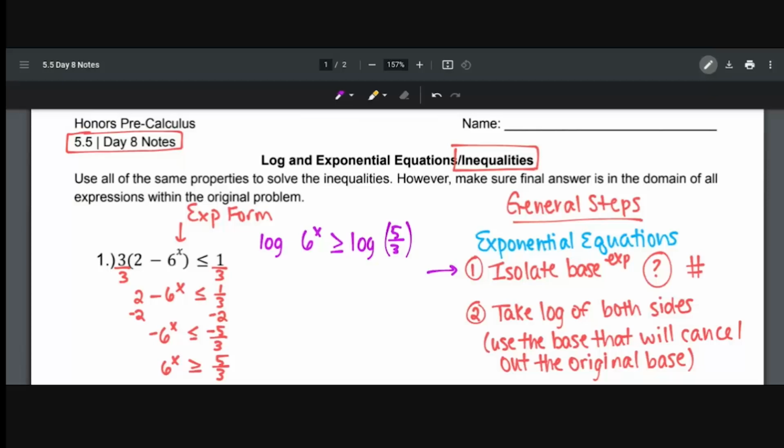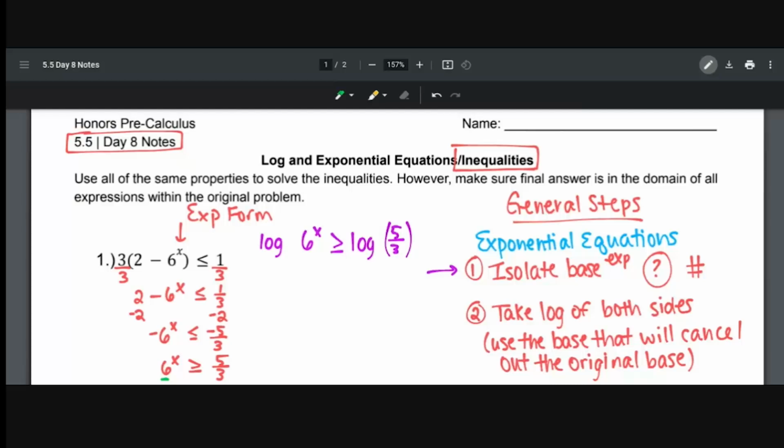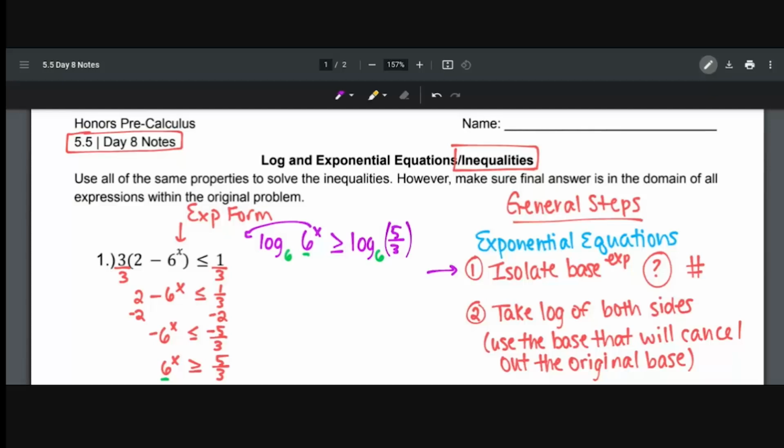All right, now I can do log of any base that I want, but what would be the most beneficial base is whatever is going to match this 6. So since it has to match the 6, I need to put log base 6 of both sides. And the reason why that's going to be helpful is now I can use my exponent rules or my logarithm rules. And if I see an exponent, I can move that out to the front.